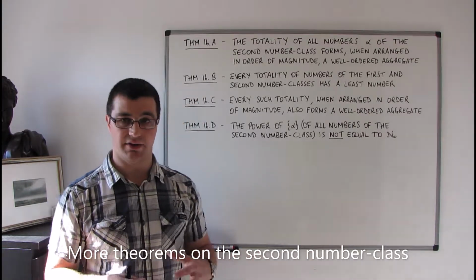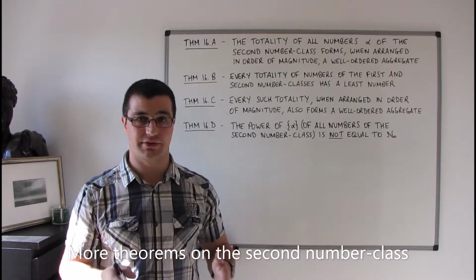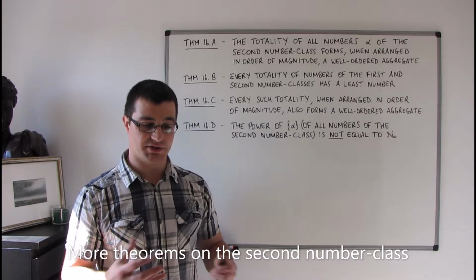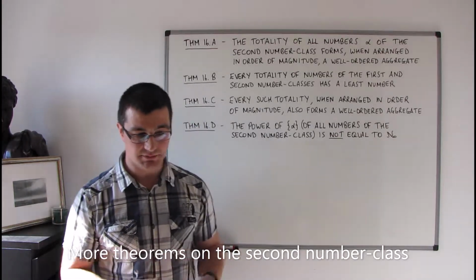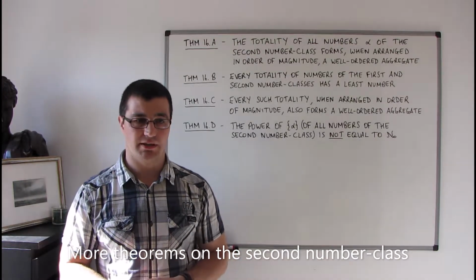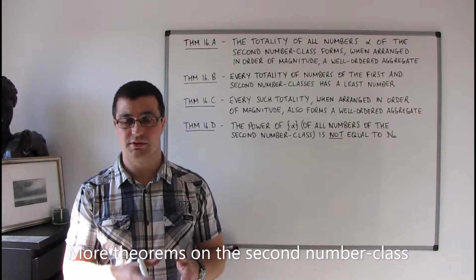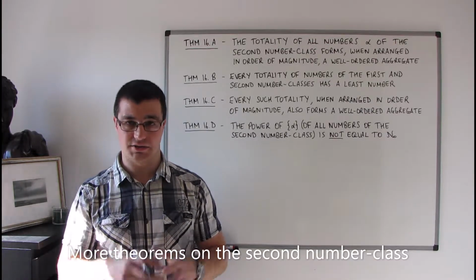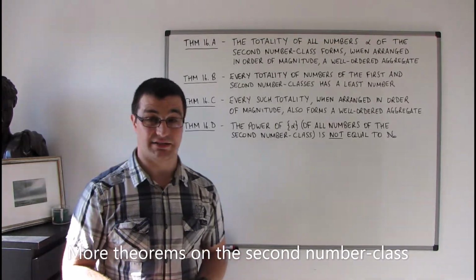So here we're looking at the second number class in general, the actual aggregate itself, and determining some properties relating to that particular aggregate. But in the rest of the videos that I'm going to be making, we'll be looking more at specific types of number from the second number class, as opposed to just the aggregate as a whole.